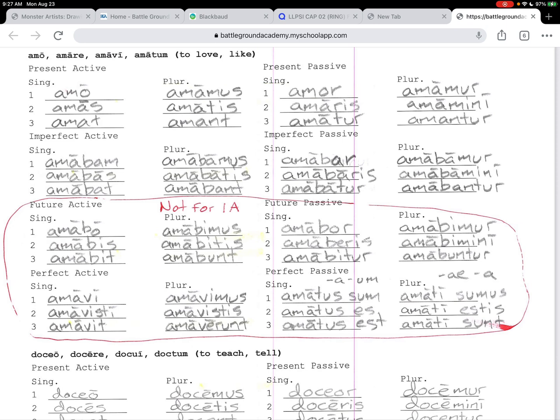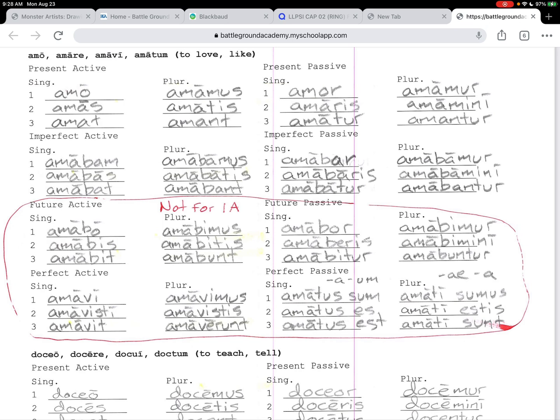The passive endings, if you look into the next two columns, you'll see the passive forms of some verbs there. R, ris, tur, mur, mini, ntur. All of these except for mini have an R in them. So that's one thing that distinguishes the passive endings, and mini is definitely the odd one out.